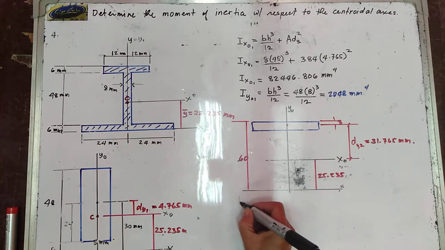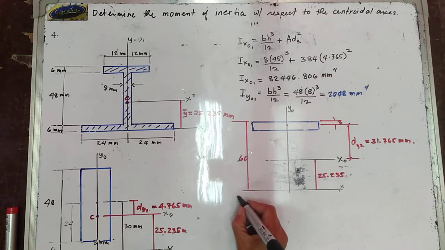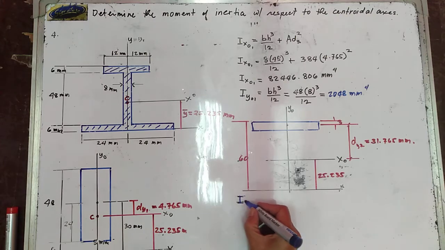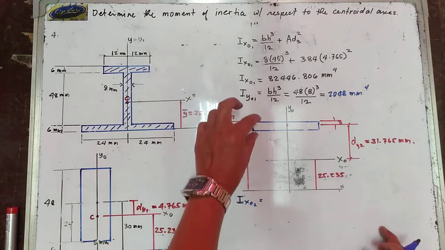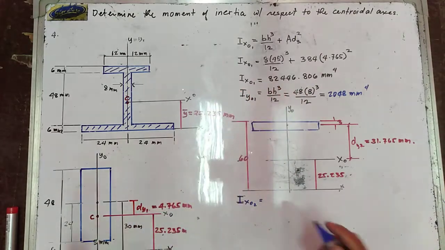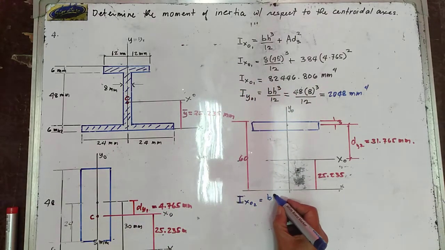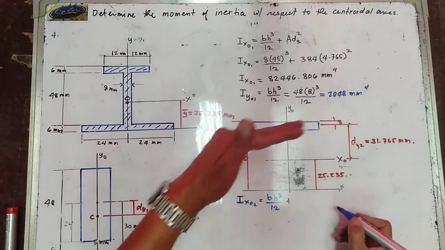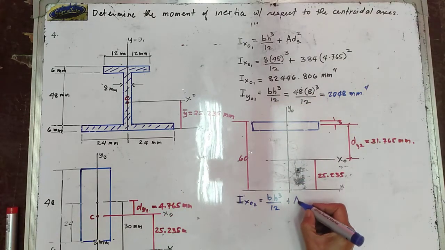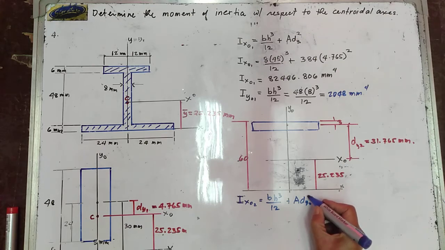So the moment of inertia with respect to x of O2 is again the centroidal moment of inertia of this area, that is b h cubed all over 12, plus, because we have to transfer this moment of inertia to x of O, A dy sub 2 square.